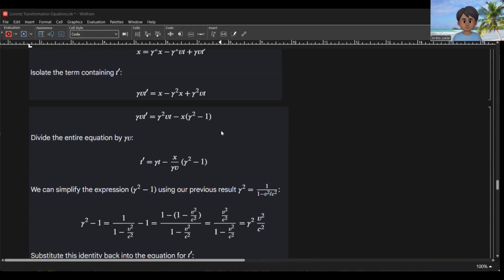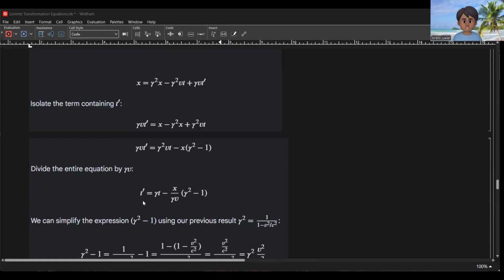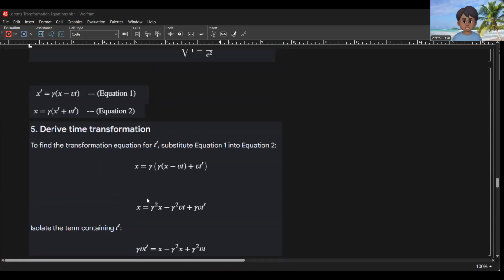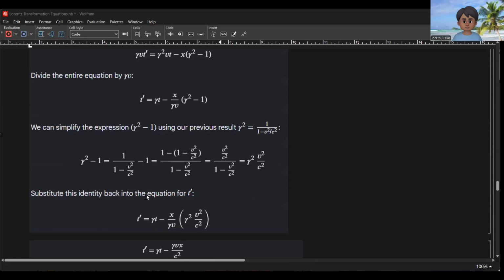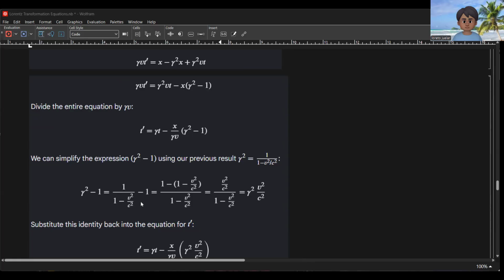So gamma squared minus 1 is equal to 1 over 1 minus v squared over c squared, which is the gamma in terms of v and c, then we subtract 1. Finally this is equal to an expression in terms of v squared and c squared.